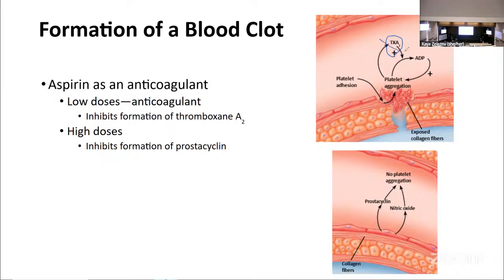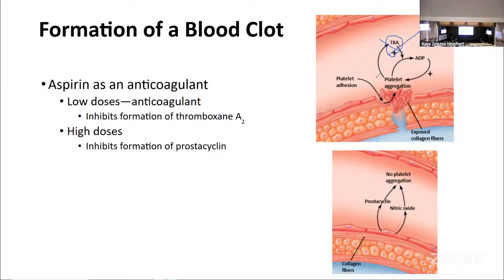So if you don't have thromboxane A2, you probably still form a platelet plug, but it's going to be a little harder. It's going to be a little smaller. We're going to inhibit some of this clot formation. It's not going to run out of control in quite the same way.